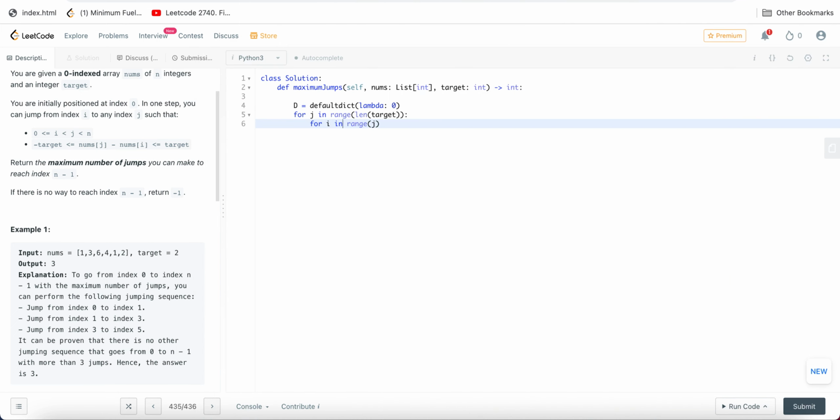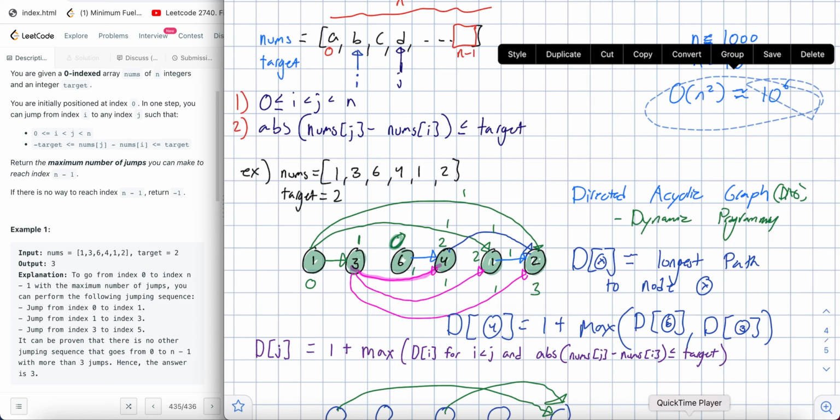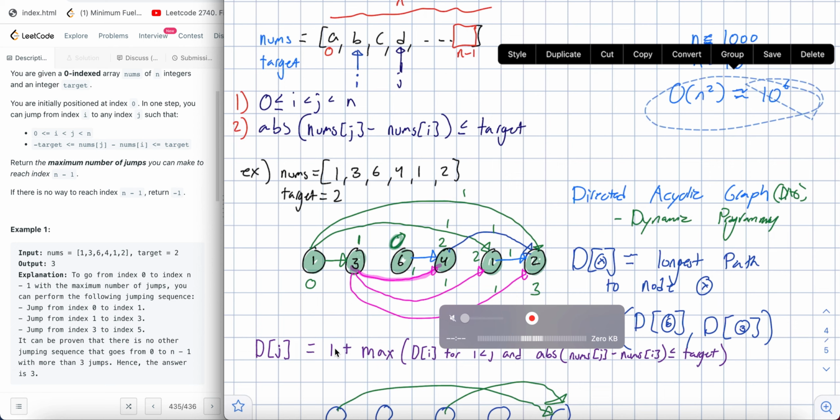We're going to say D of j equals the maximum of 1 plus the maximum. I'm going to try to make it look more like the formula. D of i for i in range j. So that's D of j equals 1 plus the maximum D of i for i less than or equal to j, and then this condition needs to be true.